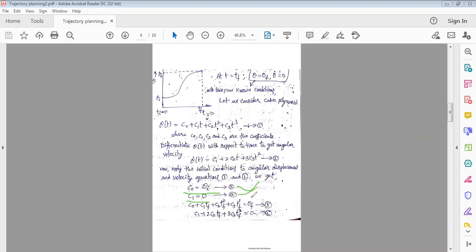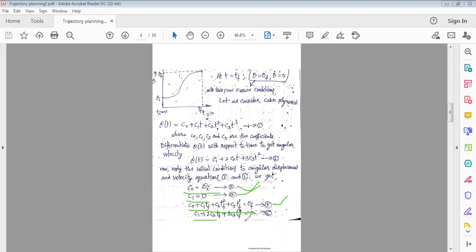Equation 4. Next condition, t is equal to tf, theta is equal to theta f. In that case, C naught plus C1 tf plus C2 tf square plus C3 tf cube is equal to theta f. So equation 5.